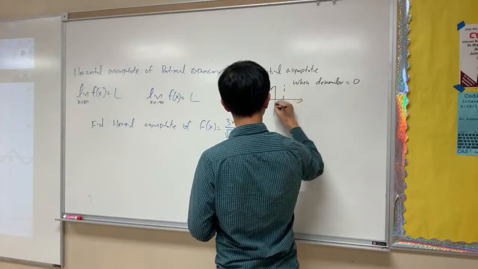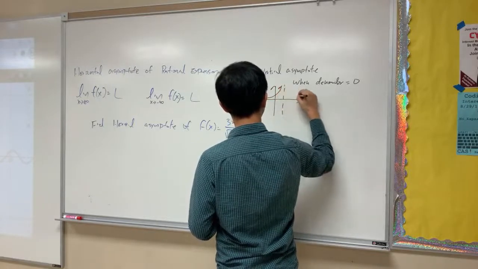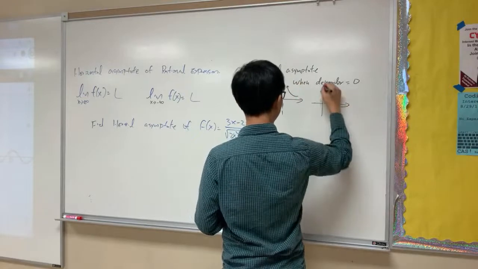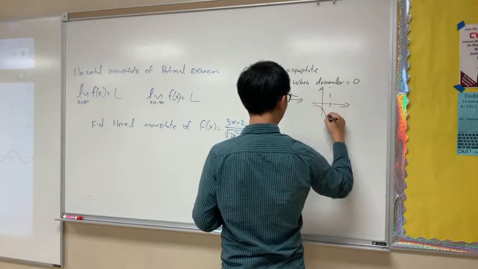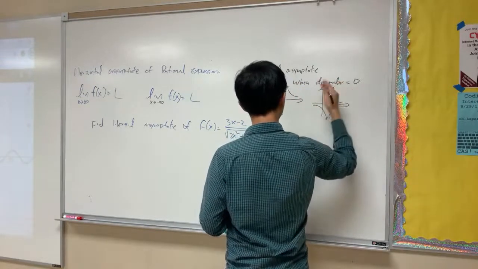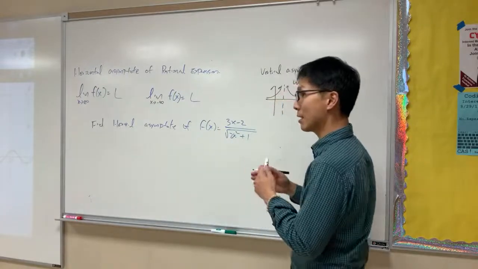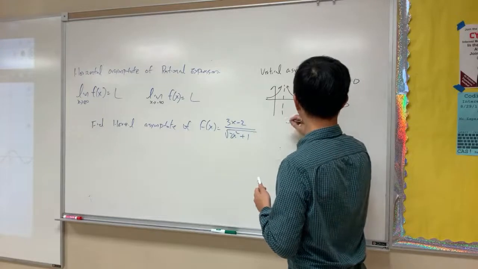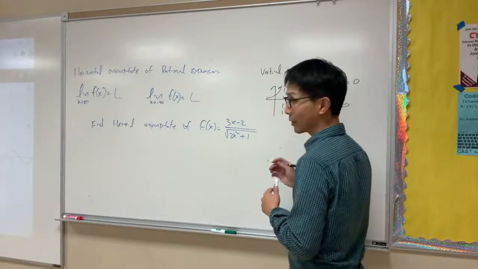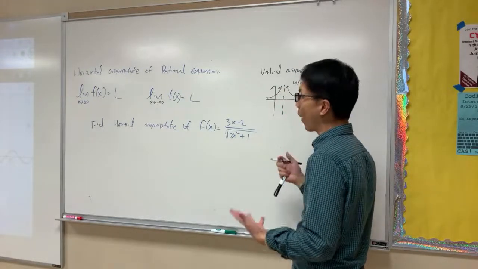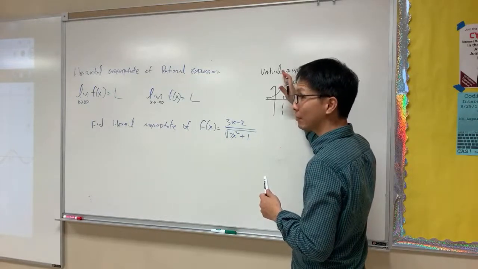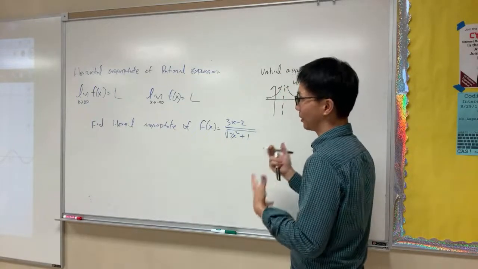You have something like this, either like this, or like this, going like this. You're never gonna touch that line, so that's something you're not gonna reach. Or it could be both going down like this. So that's one of the things about vertical asymptote. You get so close to that vertical asymptote, but you're not touching it, when the denominator equals 0.